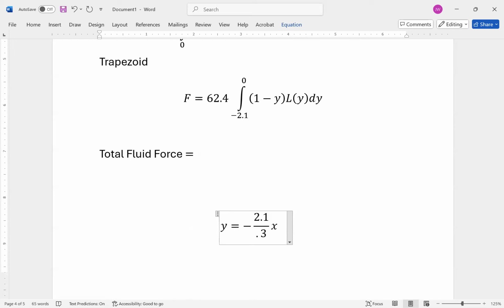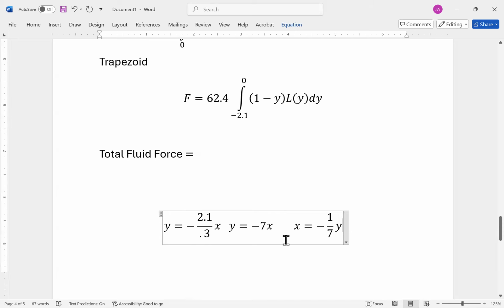By the way, 2.1 divided by 0.3 is 7. So that's the same thing as y equals negative 7x. Or, since I want to write x as a function of y, x is equal to negative 1/7 times y. So that's the right-hand side.